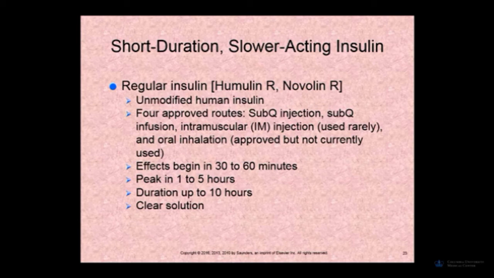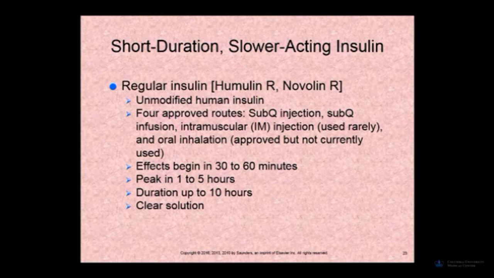That's more theoretical than it is in operation. So most of the time, insulins are given sub-Q. Regular insulin has an onset of action between 30 and 60 minutes. It peaks at 1 to 5 hours, and the duration is 10 hours. So 10 hours for regular insulin as opposed to 3 to 5 or 3 to 6 for the rapid acting.